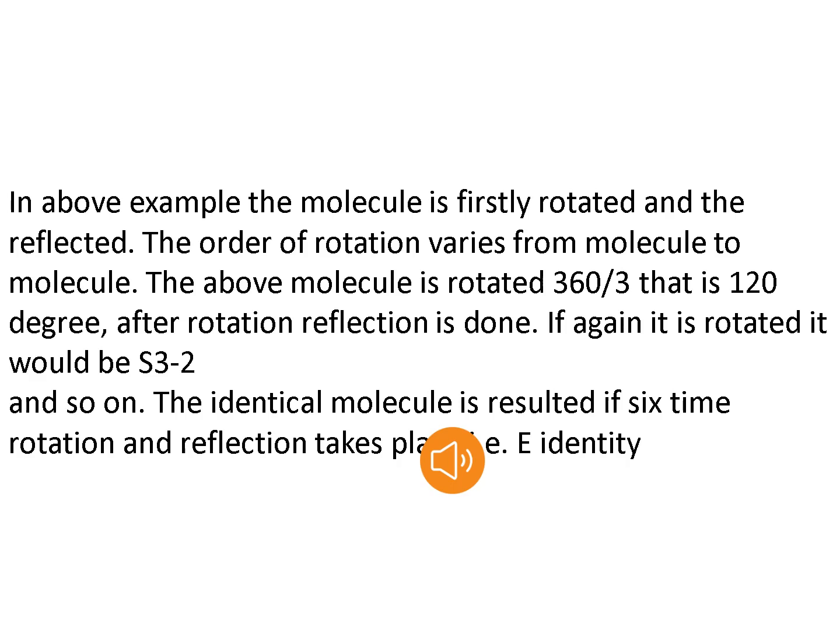If we again rotate and reflect, and do this six times, the result would be equal to identity. So the improper rotation operation is actually first rotation and then reflection.